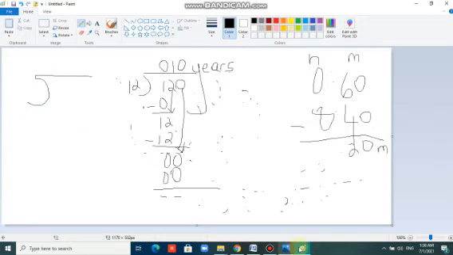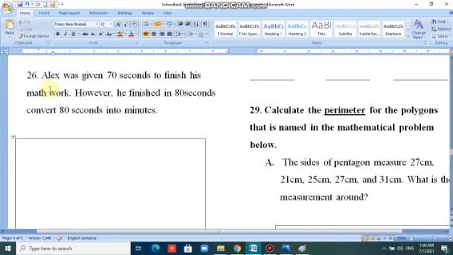Remember now, class, the scenario is Alex was given 70 seconds to finish his math work. However, he finished in 80 seconds, and we convert 80 seconds into minutes.